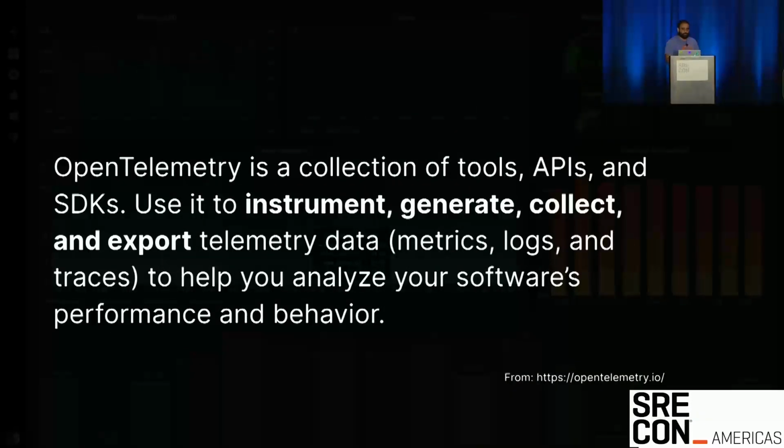It's a collection of tools, APIs, and SDKs that you can use to instrument your applications. And the idea is you instrument your applications with OpenTelemetry and send the data to a collector, which is a pipeline. And from the collector, you can write to any vendor possible. The really cool part about OpenTelemetry is that it supports almost all the serious vendors out there.